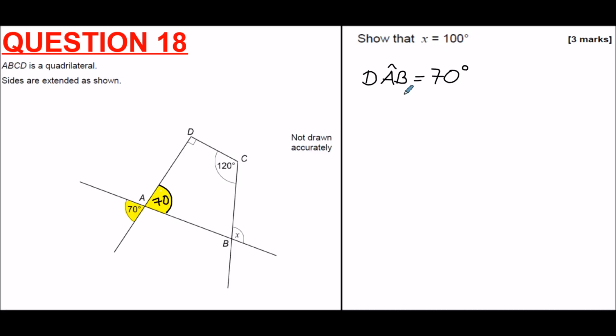So we need to state the angle facts we're using, if we are using any. And so that's 70 degrees because a fancy word for X angles is vertically opposite. So vertically opposite angles are equal.